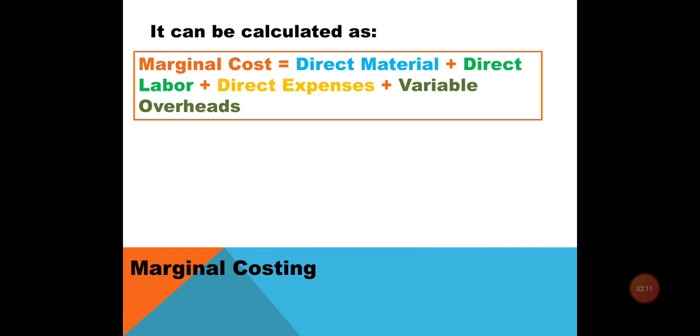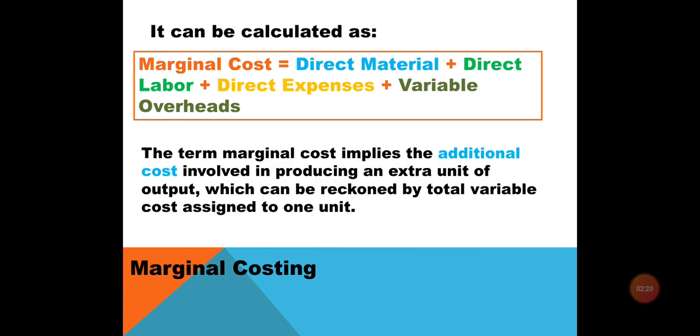No indirect material, no indirect labor and no other overheads are included while calculating marginal cost. So, the term marginal cost implies the additional cost involved in producing an extra unit of output, which can be measured by the total variable cost assigned to one unit.